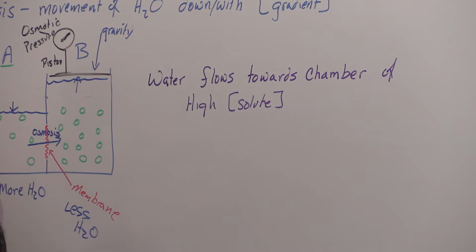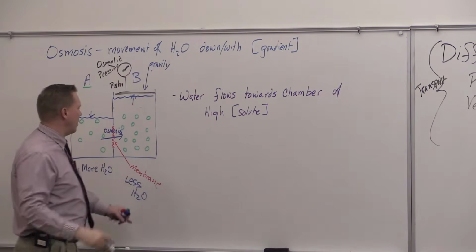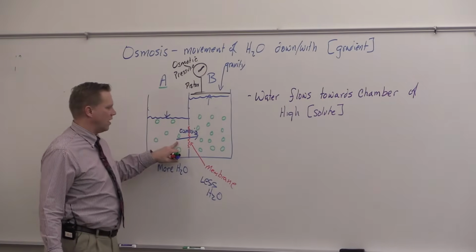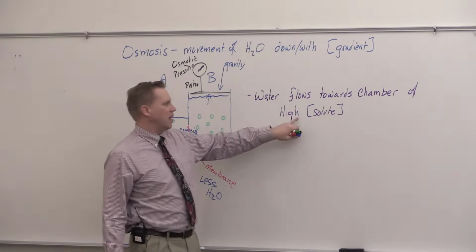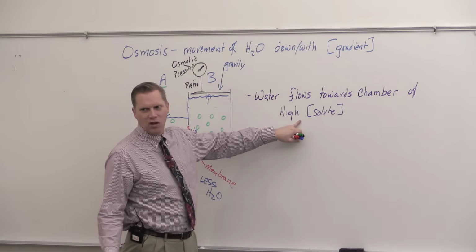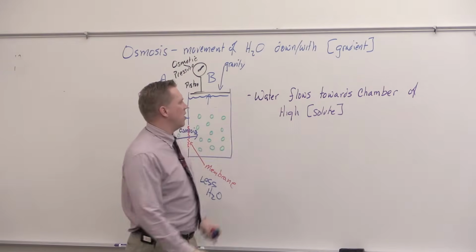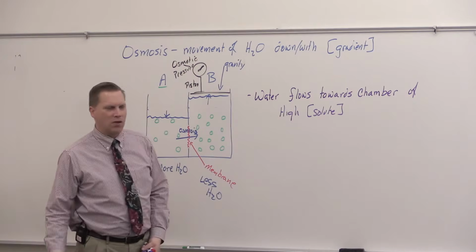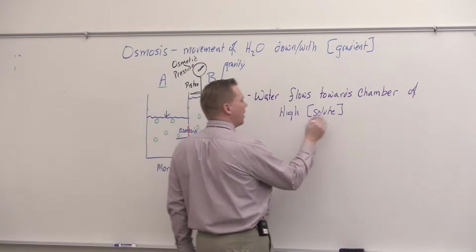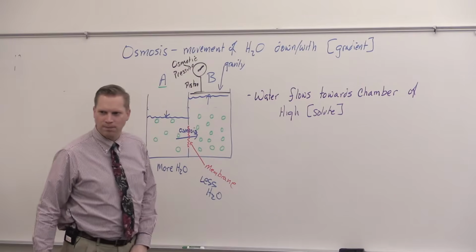Okay? And so that's a rule. It's just looking at the opposite. We're still saying it's flowing down its concentration or toward less water. But anytime you have a higher solute concentration, you're going to have less water. And so the general rule is that water always flows towards the region, the chamber, the space that has a high solute concentration.